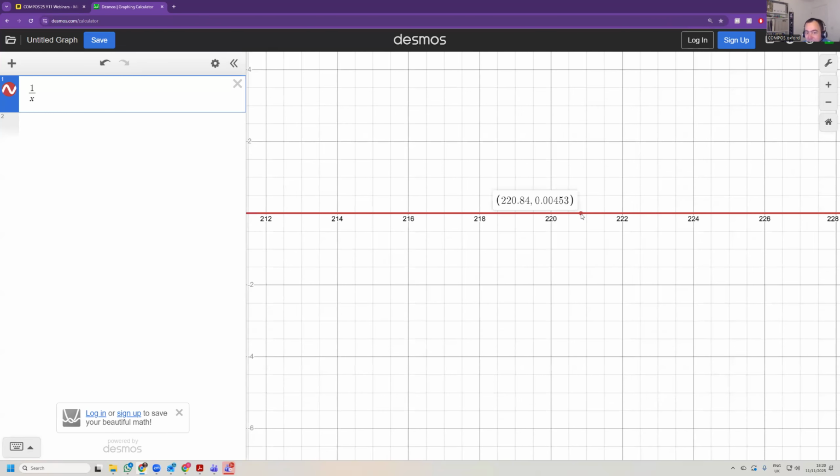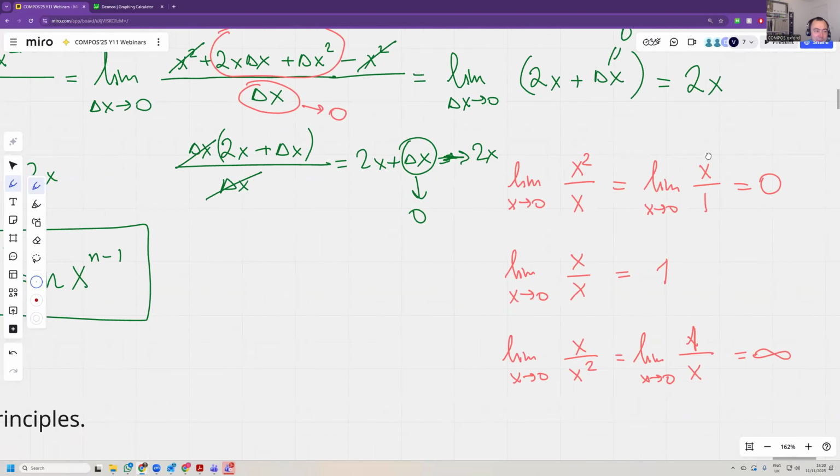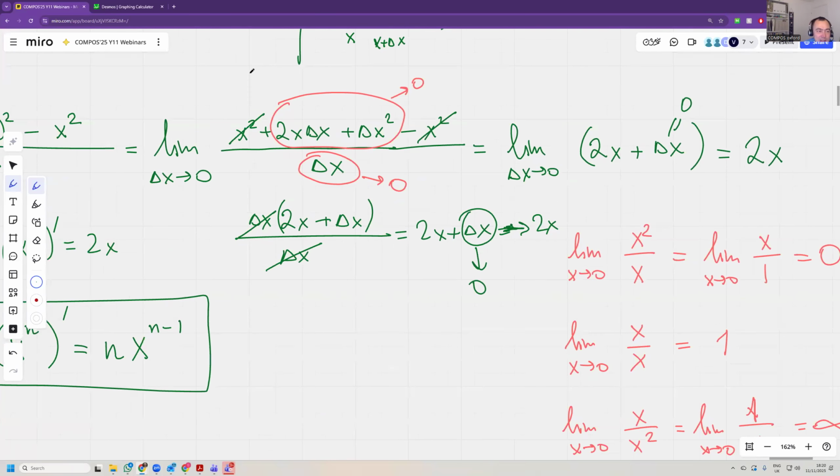It never actually becomes 0. So in the same way, the numerator becomes really, really, really small, but never becomes 0. And this delta x becomes really, really, really small, but never actually becomes 0.